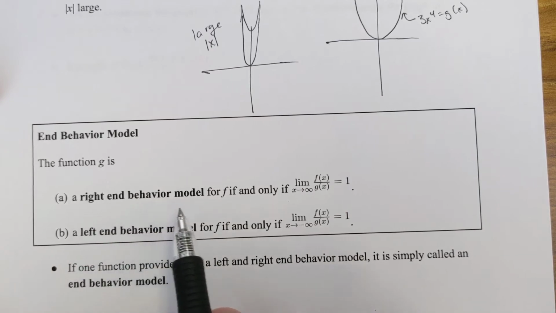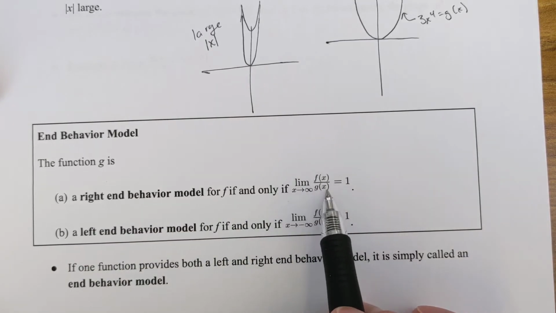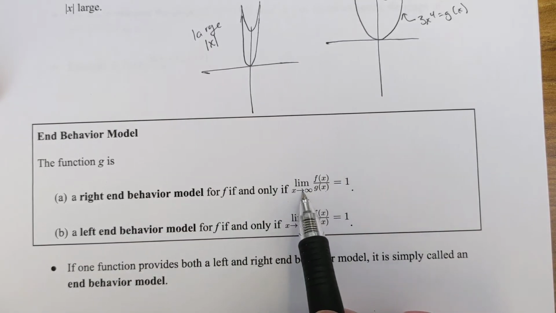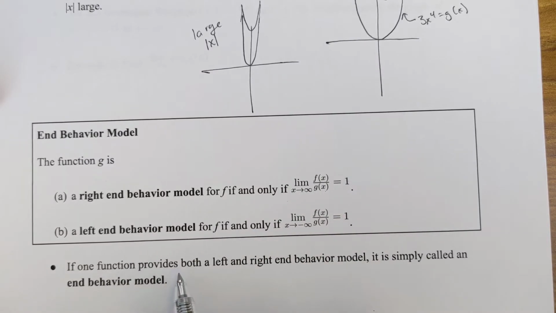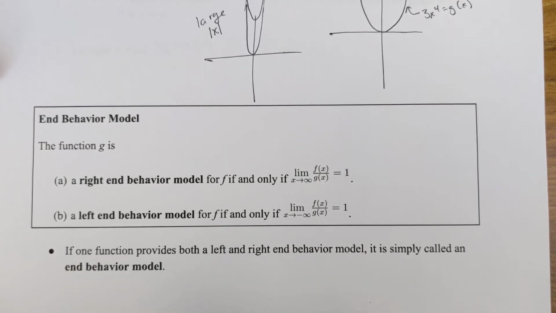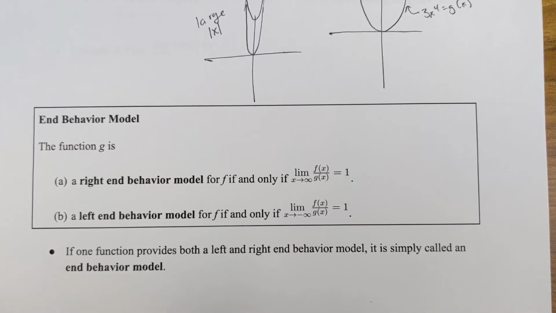For a right end behavior model, if you divide the two functions, you get 1 as you go to positive infinity, and the same thing for negative infinity. If one function provides both a left and a right end behavior model, it's simply called the end behavior model. You could have one equation for the right side, that's the right end behavior, and one equation for the left side, that's the left end behavior. If they happen to be the same equation, then that's just called the end behavior model. You don't have to say left or right.